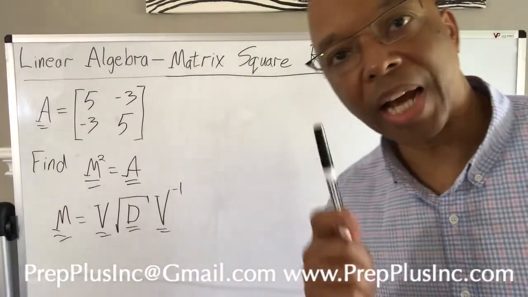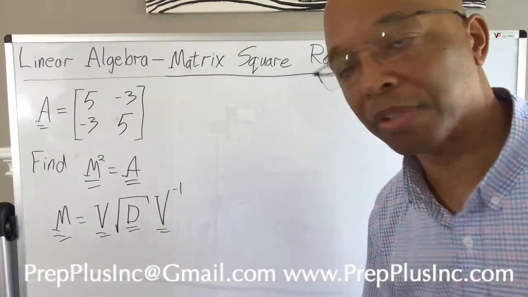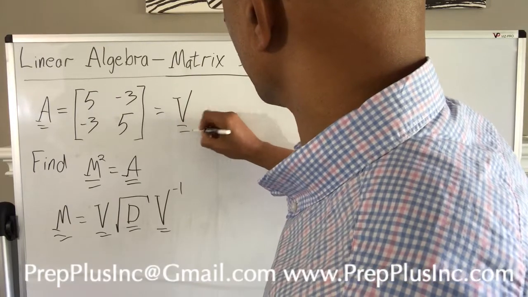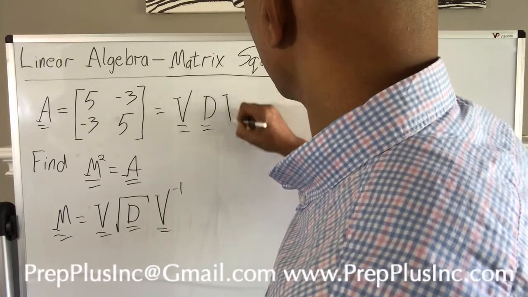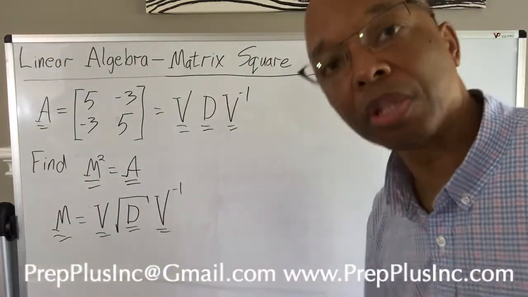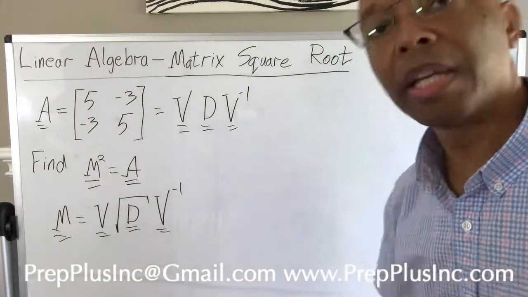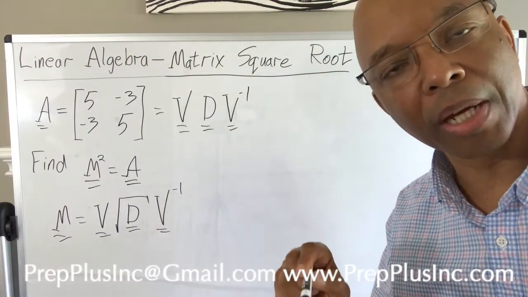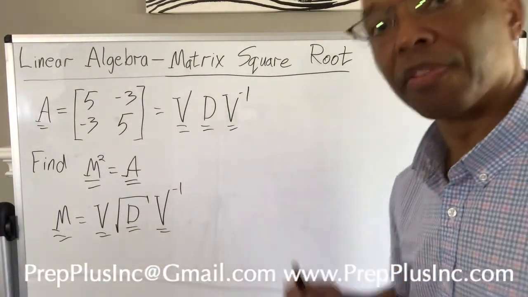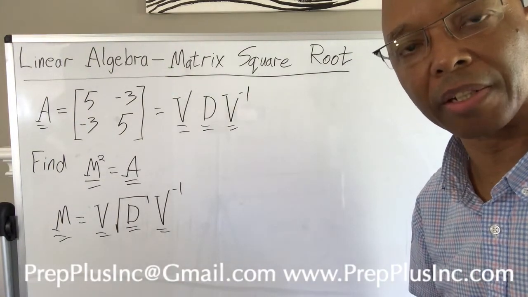If we diagonalize our initial matrix A, which means to find its eigenvalues and eigenvectors, then it can be written as V, D, V inverse, where V is a matrix whose columns are the eigenvectors of A, D is a diagonal matrix with the corresponding eigenvalues, and V inverse is just the inverse of the V matrix whose columns are the eigenvectors.